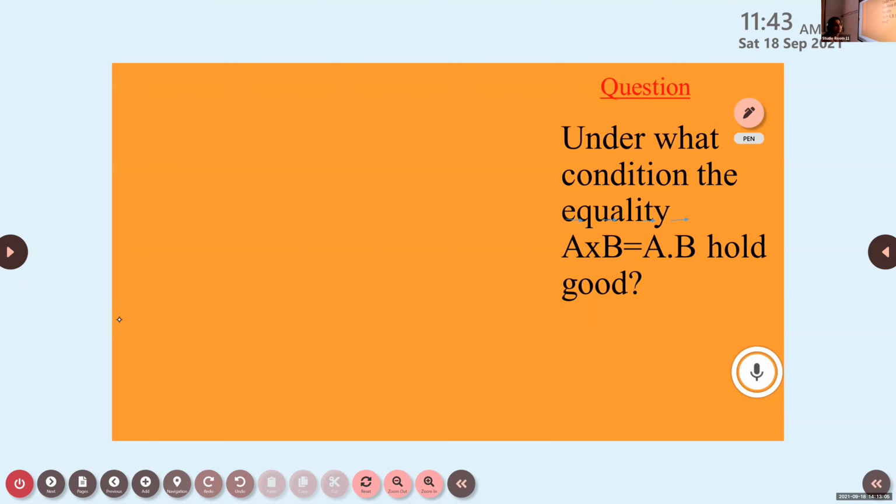Under what condition does the equality vector A cross vector B equal to vector A dot vector B hold good?